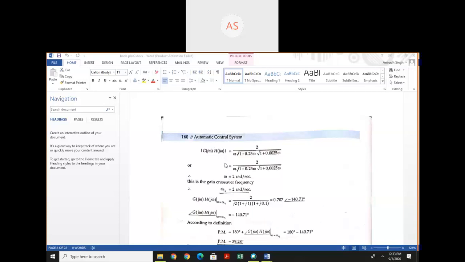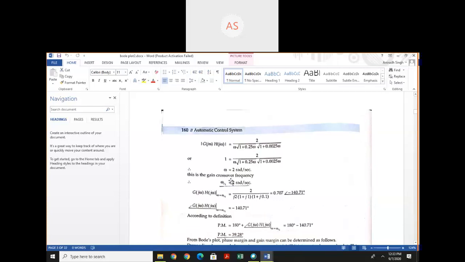So here we substitute the magnitude of G(j omega) at gain crossover frequency as 1 and calculate the value of omega. Omega is 2 radian per second, and this is the gain crossover frequency.